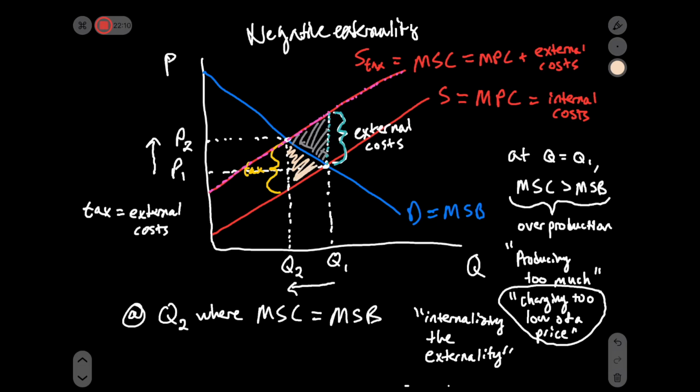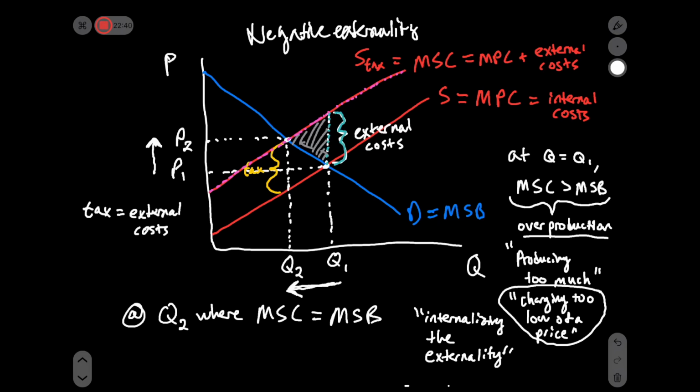But in this case, that's not going to happen because there's already a deadweight loss. We are in overproduction. So when the government places a tax on this good, we move from Q1 to Q2, which reduces the equilibrium quantity of this good that's bought and sold in the market, and of course it raises the price.